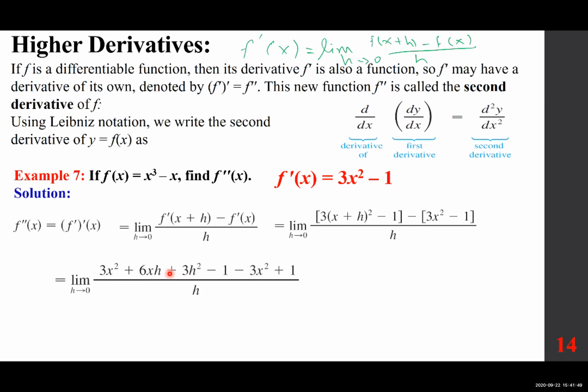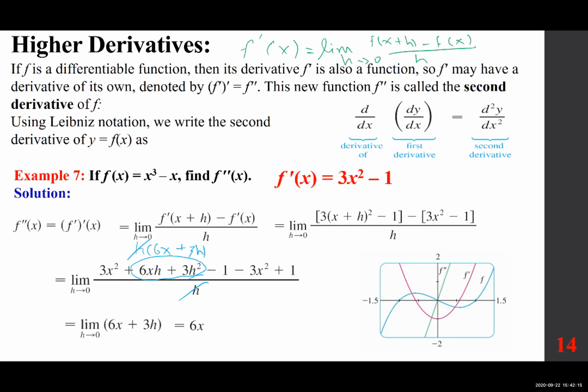Okay, so let me actually use this. So we are left with these two, and we can take the h out. Gives us 6x plus 3h. We factor out the h, so we are dropping the h. And as h approaches 0, you get 6x. And by the way, these are the formulas for f prime of x and f double prime of x.